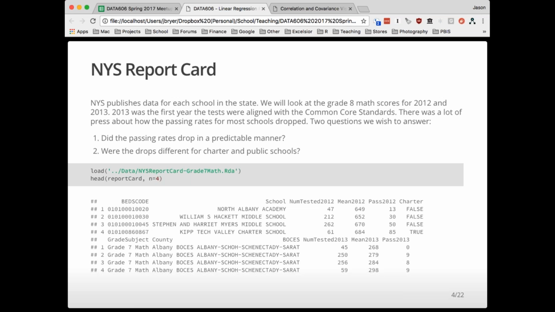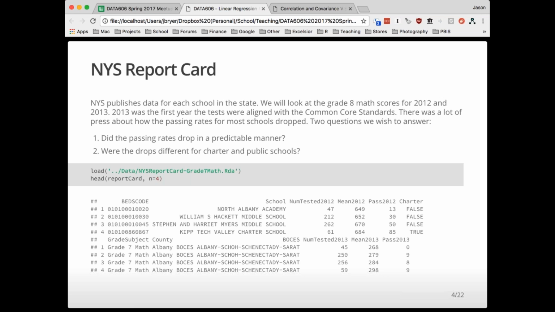And what was interesting is that 2013 was the first year that New York State used high stakes assessments that were aligned to the Common Core. And if you follow the news, you might have noticed that in that year, it looked like all of the schools dropped in score.